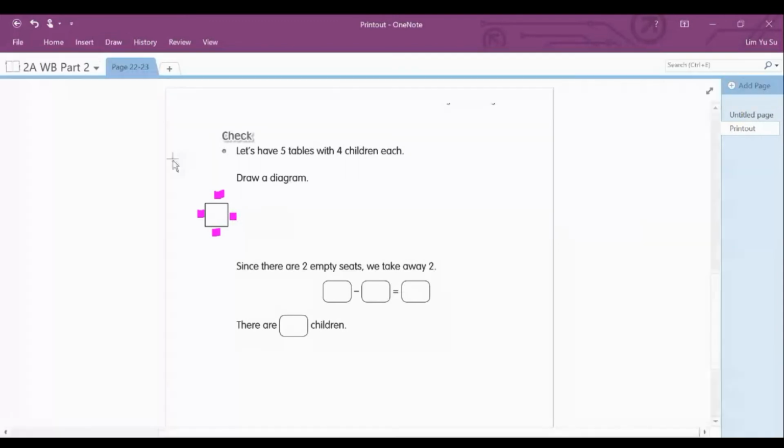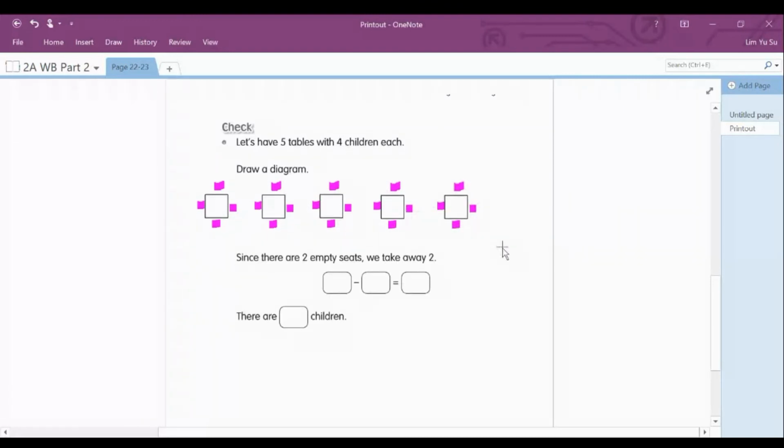Let's say I have 5 tables, and all of them are full with 4 children each. As you can see here, you have 5 tables with 4 children each.